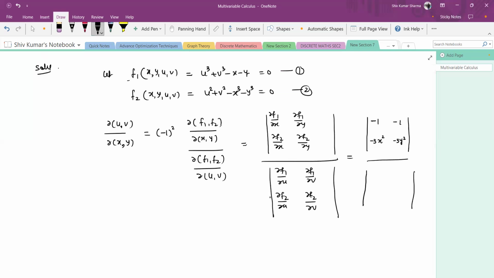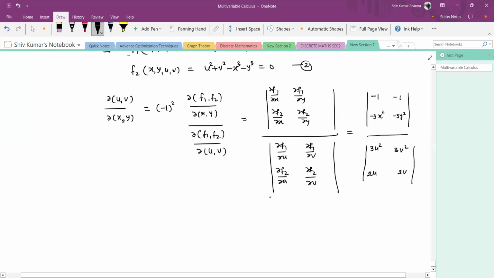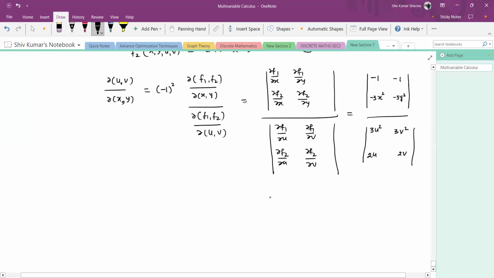In the denominator, del f1 upon del u is 3u square, del f1 upon del v is 3v square, del f2 upon del u is 2u and del f2 upon del v is 2v. So we solve the determinants.